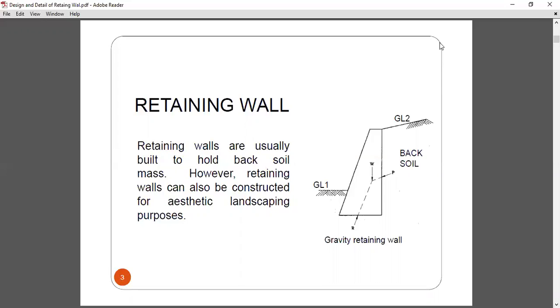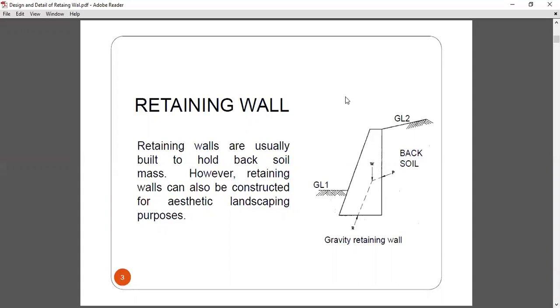Retaining walls. What is a retaining wall? As we know, a retaining wall is a structure which retains the back soil, or retains a particular thing from one side to another side.